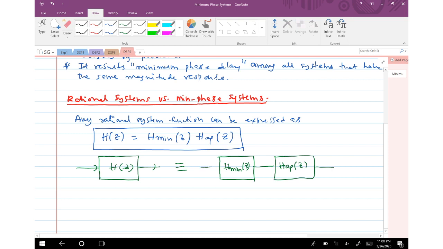These two are equivalent systems. That's what this statement says.